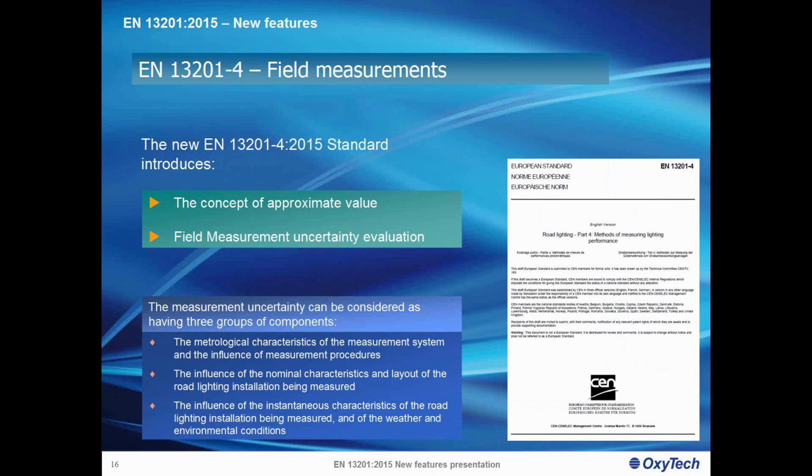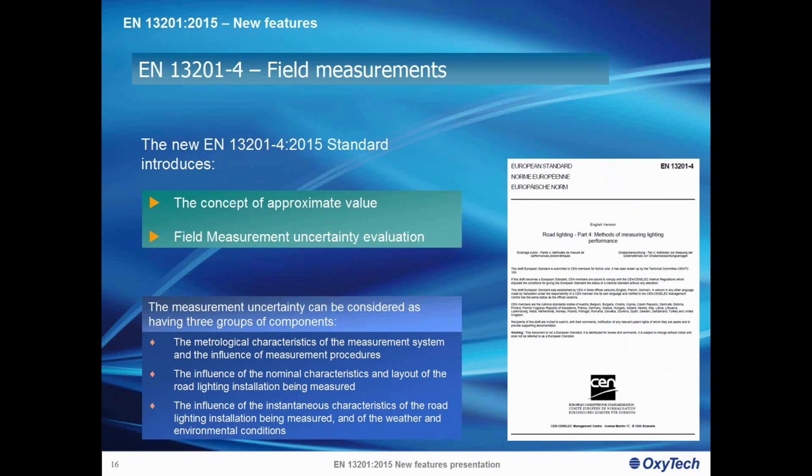So in the previous standard, the calculation was based on a single parameter, defined as a perfect value. So there was no limit, no uncertainty defined about the parameter. The parameter should have been, for example, 50, and it was a single value.